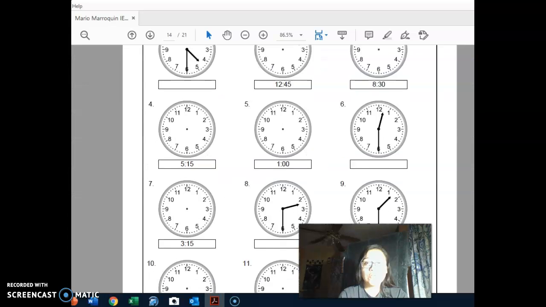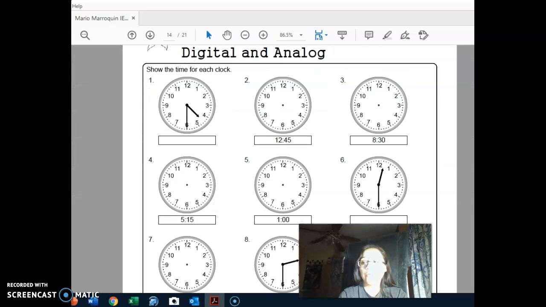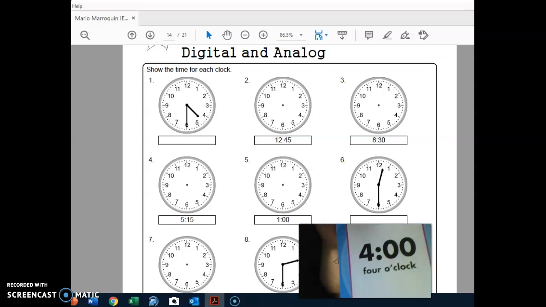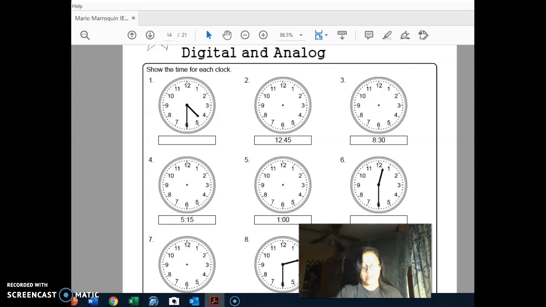So the next goal is going to be time. So we went over time before. I'm going to go over 2 examples. We're going to review. So let's see here. We have the time 4 o'clock. How would you write 4 o'clock in a clock?